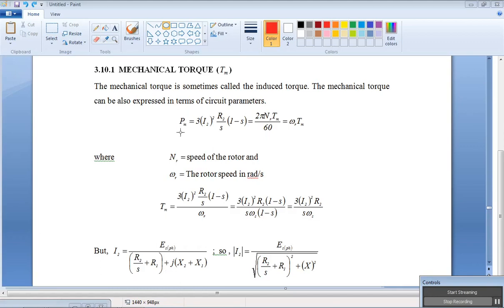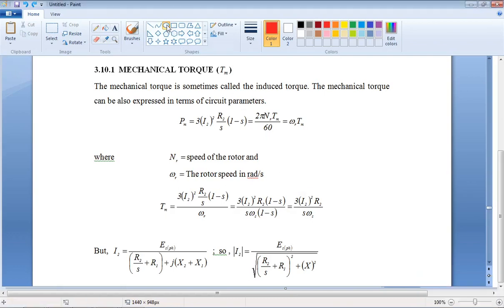The equation for mechanical power PM: the mechanical power is equal to 3 I2 squared R2 over S times (1 minus S). And also in terms of torque and omega, PM is equal to omega R times torque mechanical, where omega R is the rotor speed in radians per second.